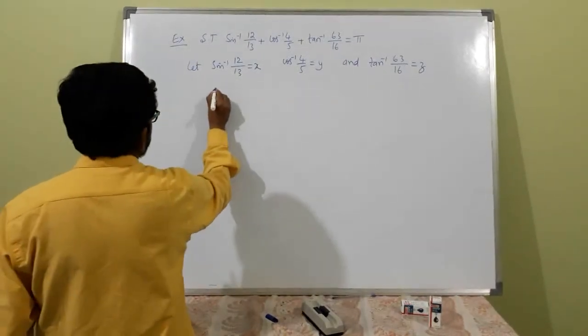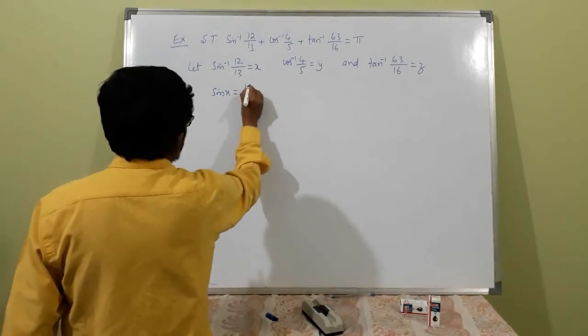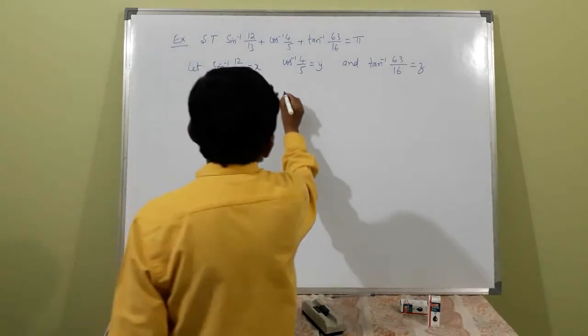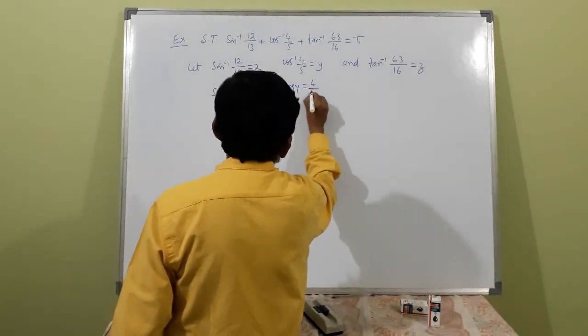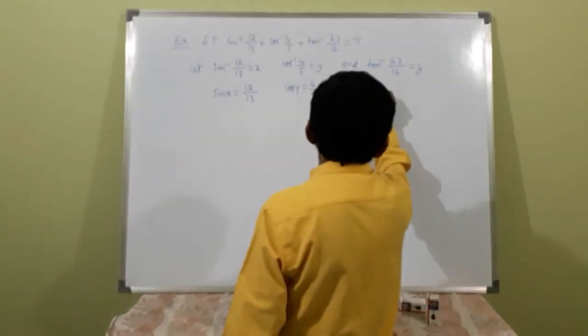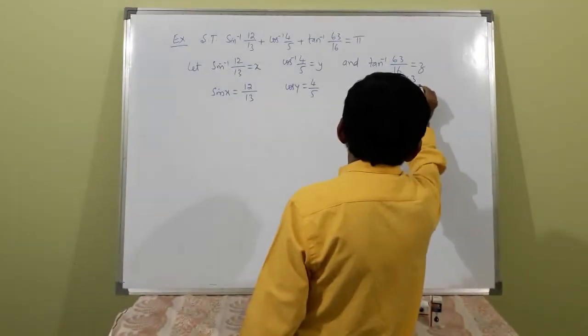This implies sin x is equal to 12 by 13, cos y is equal to 4 by 5, and tan z is equal to 63 by 16.